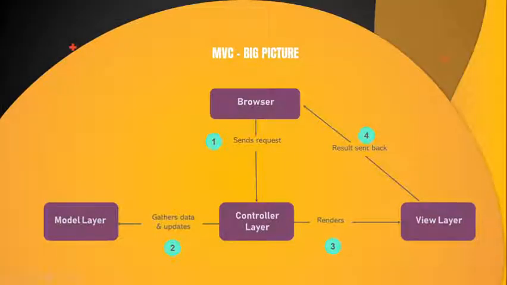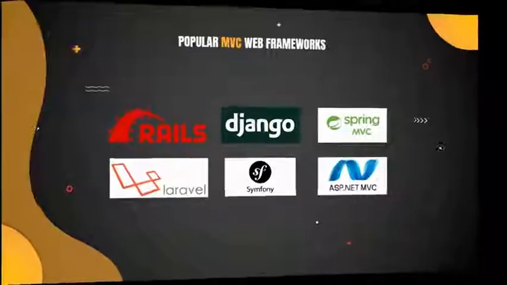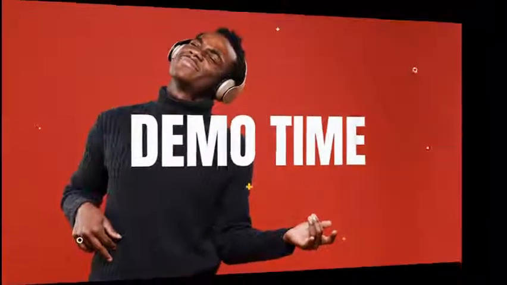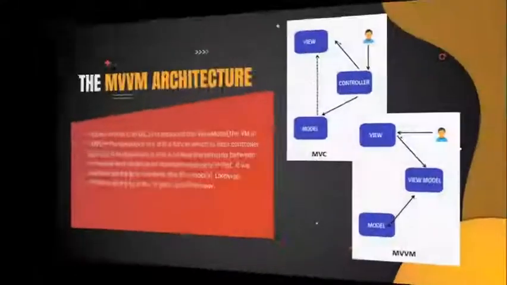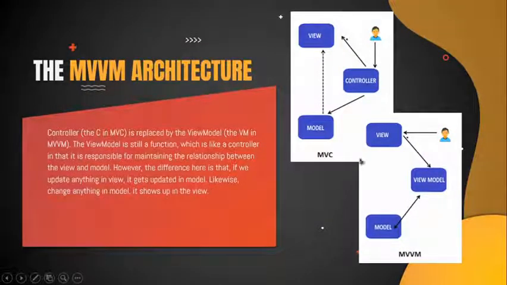What happens in MVVM is, you saw that in MVC the user sends the request to the controller, and then the controller accesses this model and view and updates and renders that view.